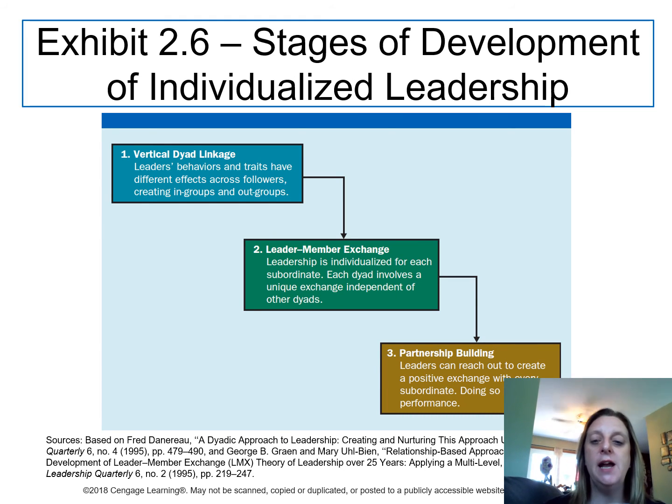So with the other behavioral leadership models, there's lots of research that's been done, and ultimately they have found similar things, just have used different words to describe those findings.